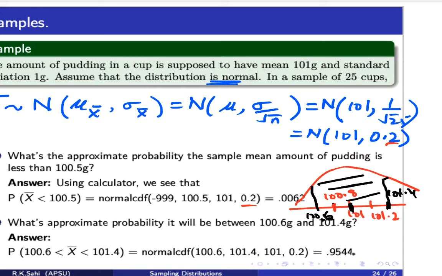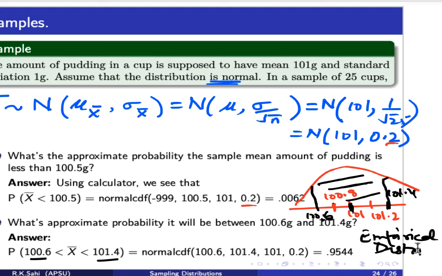So our answer, if I simply use the empirical rule, is 0.9544, because we are looking at the probability that the sample mean lies between 100.6 and 101.4. The percentage of data between these two is 95.44, or 0.9544.